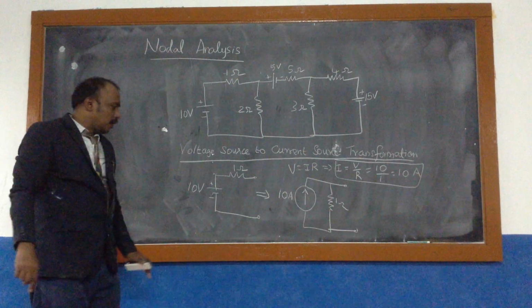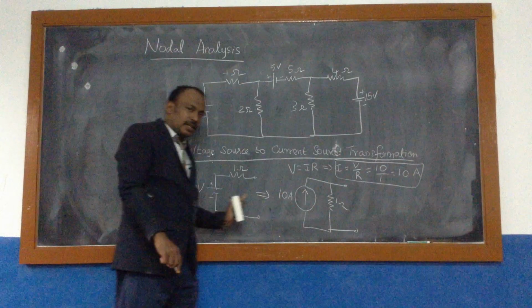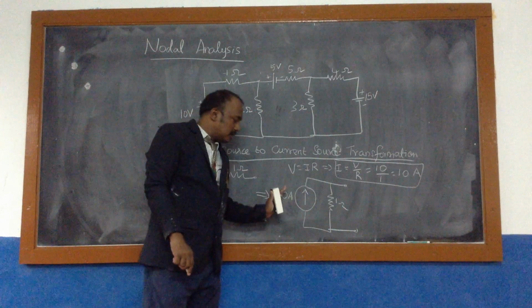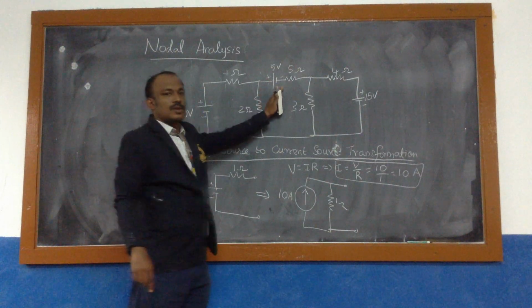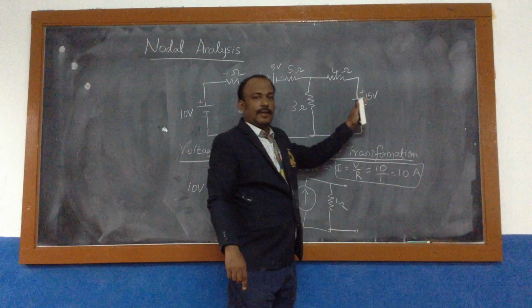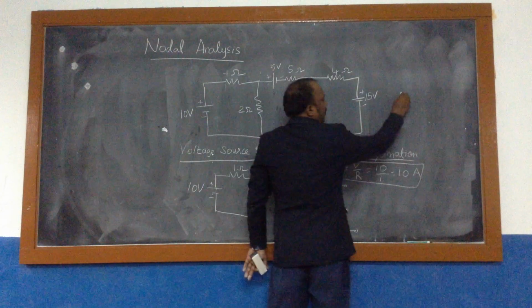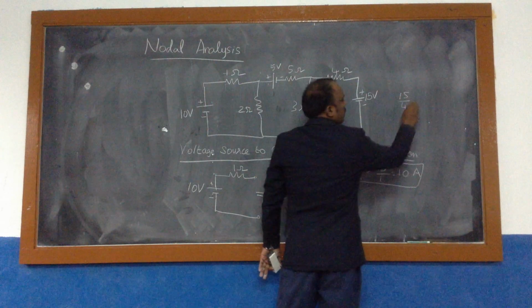Now we can see the voltage source is converted into a current source. You have to apply the same here also. When you apply it here, what will come? 15 volts divided by 4. So how much is the current?